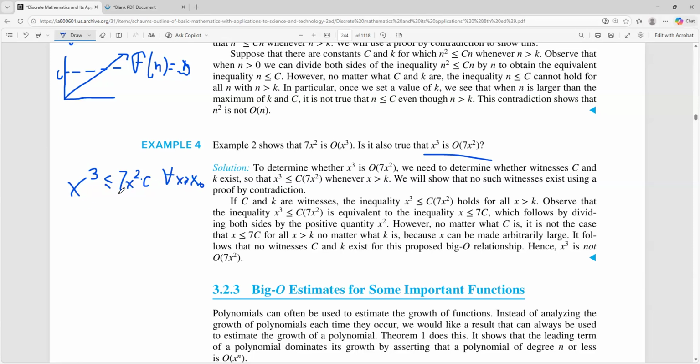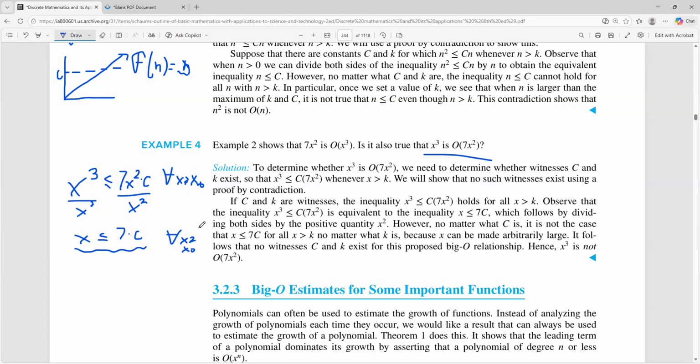Same thing. I'm going to divide both sides by x squared. I get x is less than or equal to 7 times a constant for all x greater than or equal to x0. Is this true?